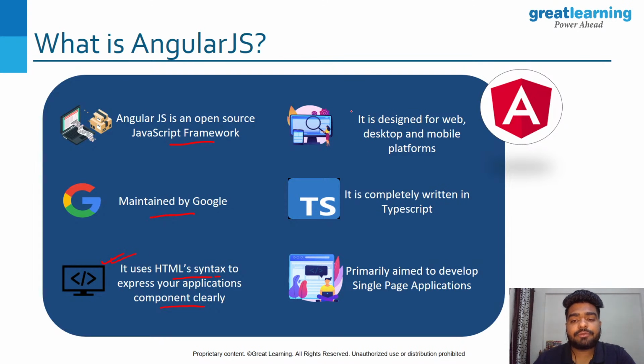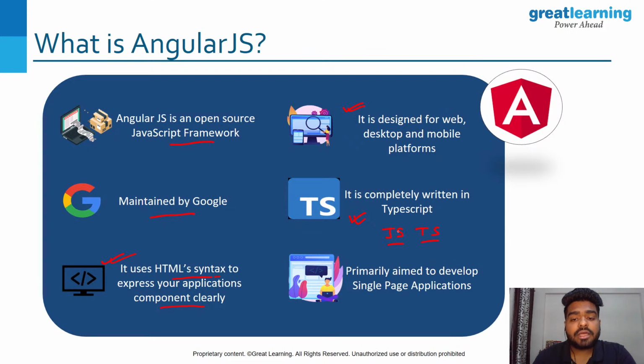Next, it is designed for web, desktop and mobile platforms. So I have told you Gmail you can open in mobile also. YouTube you can also open in mobile, right? So it is designed for web, desktop and mobile platforms. Completely written in TypeScript. Now, what is TypeScript? See, JavaScript and TypeScript, there is a similarity. Now, JavaScript is a superset of TypeScript.